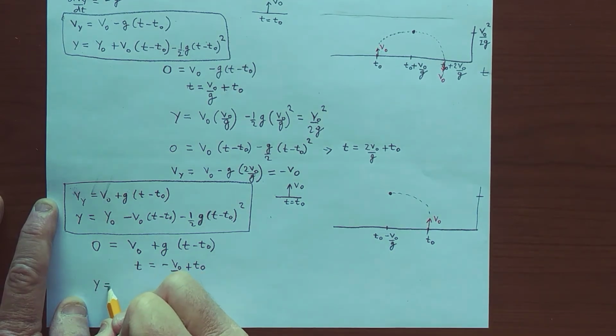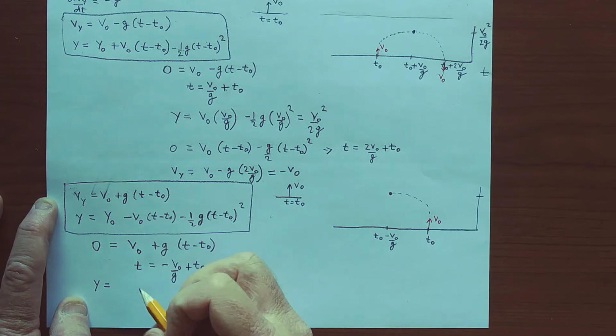Let's make sure of that. Y equals Y naught, which is 0.